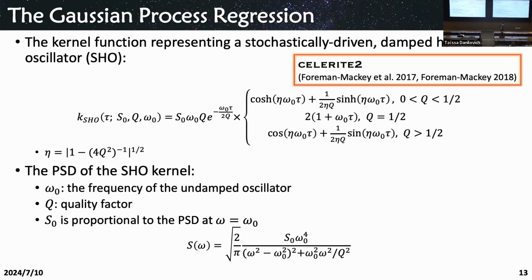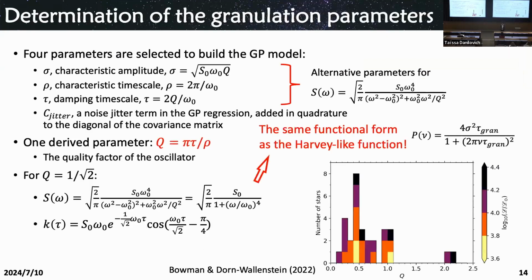The kernel function is shown here, and the PSD of the SHO kernel is shown here, determined by three parameters. The omega 0 is the frequency of the undamped oscillator, the Q is the quality factor, and S0 is proportional to the PSD at omega equals omega 0. We use four parameters to build our GP kernel: the characteristic amplitude sigma, the timescale rho, and the damping timescale tau.